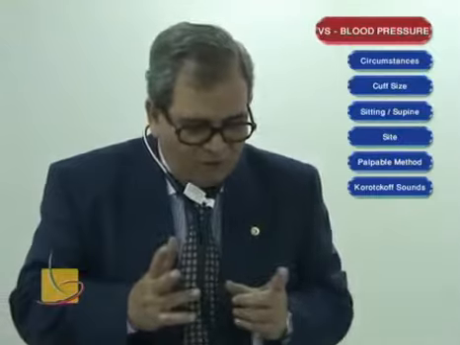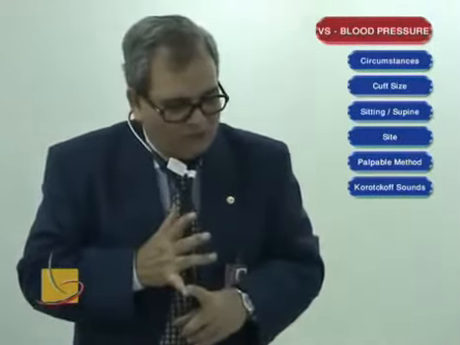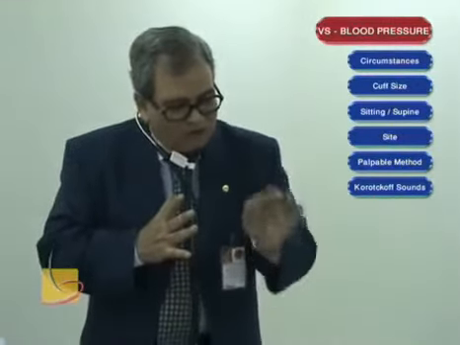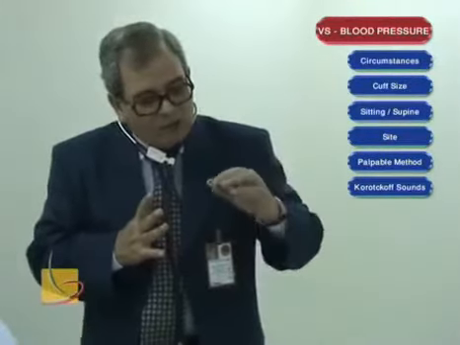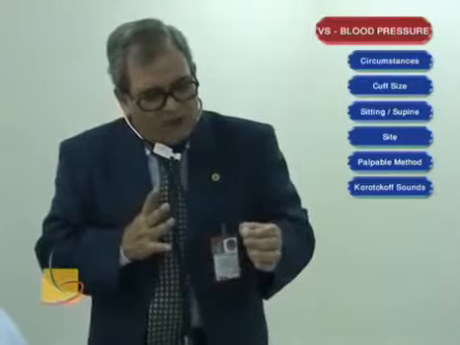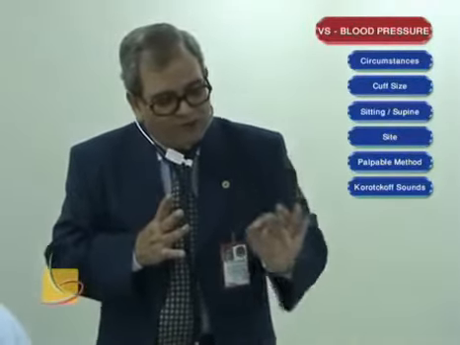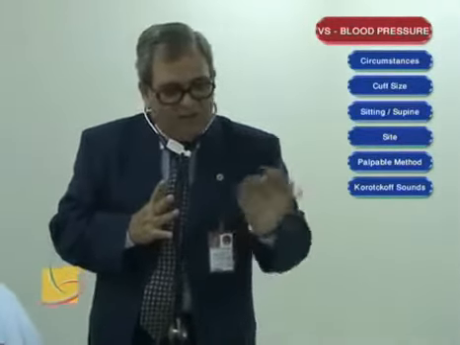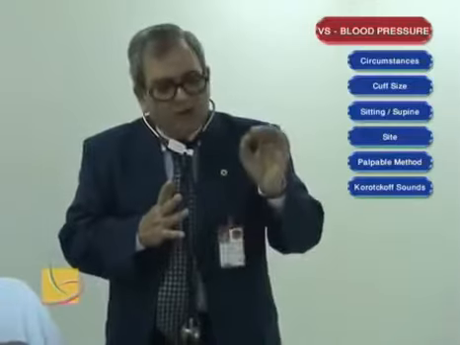So we have the first Korotkoff with the appearance of the sound, at which we detect the systolic blood pressure. Then that sound increases in intensity, and we call it the second Korotkoff sound. Further increase, and it becomes the maximum or peak of intensity at the third Korotkoff. Then at the fourth Korotkoff, it comes down again and becomes murmurish.